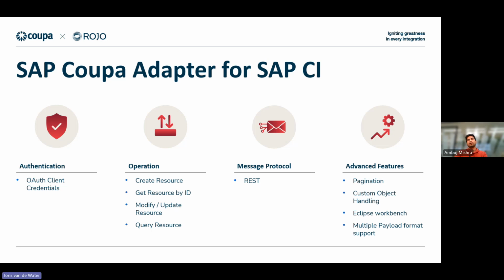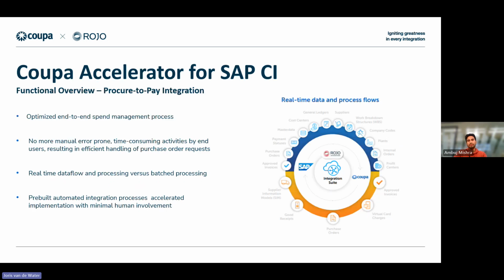And now talking about the accelerator, which is a pre-packaged integration content, which covers the entire procure to pay integration process between Coupa and S/4HANA. And this solution also makes sure that you are following the best practices on all three platforms, as in S/4HANA, Coupa, and cloud integration.